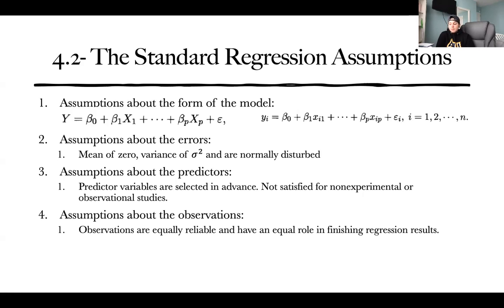Checking linearity in multiple regression is somewhat difficult due to the high dimensions of data, so it is better to look at it in simple linear regression, if possible. Graphs for this will be discussed a little bit later in this video.